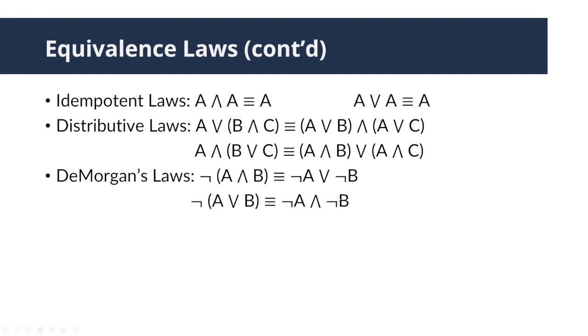Next one, De Morgan's laws. The first one says the negation of (A and B) is equivalent to not A or not B. And the second one says the negation of (A or B) is equivalent to not A and not B. Now, if you recall, in the very first lecture, when we talked about how to find the negation form of a given proposition, this law basically explains why, when you have an AND in the original proposition and you find its negation form, AND becomes OR.